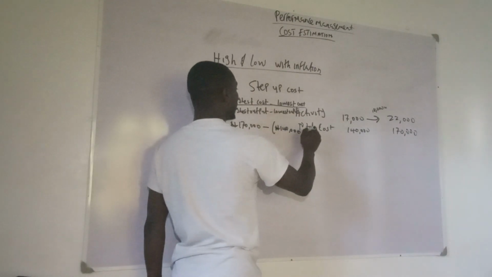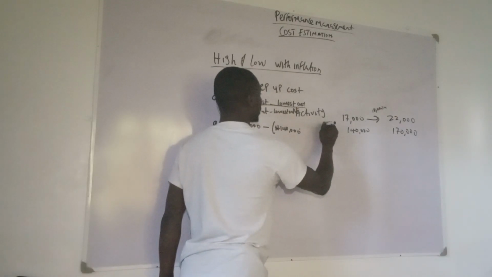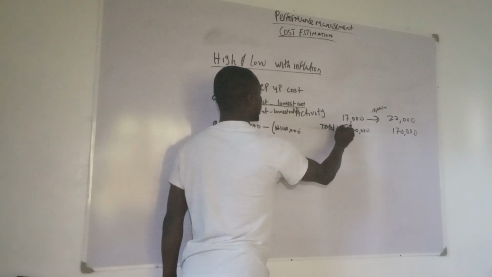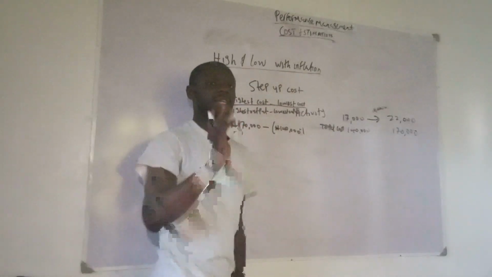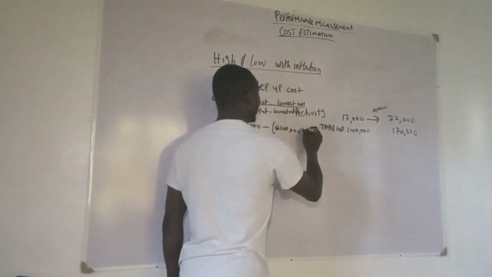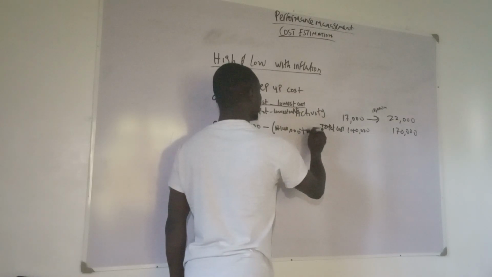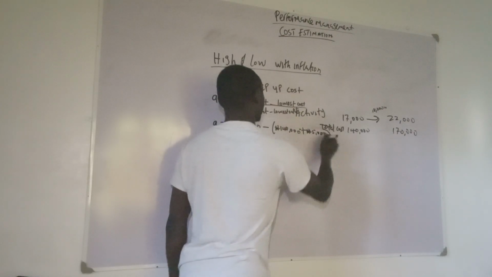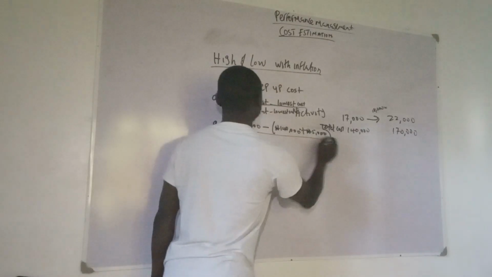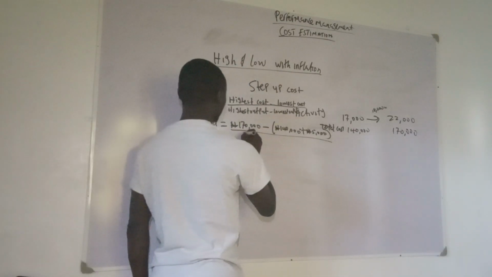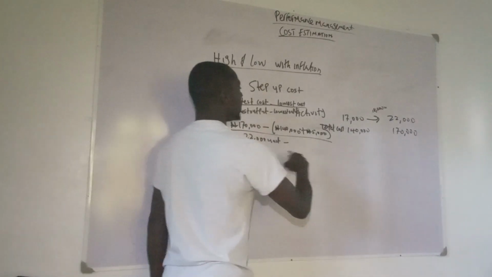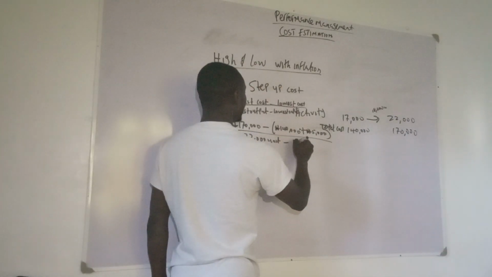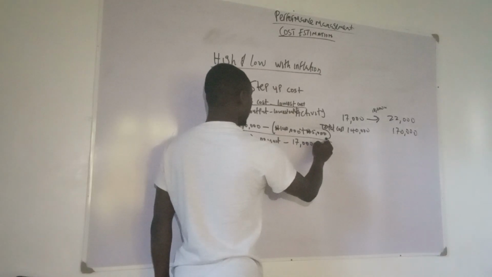So it will be 140,000 plus the step up cost of 5,000, divided by the highest output of 22,000 units minus the lowest output of 17,000 units.